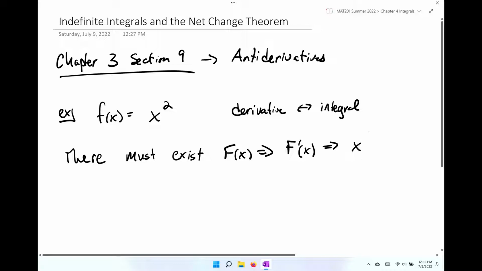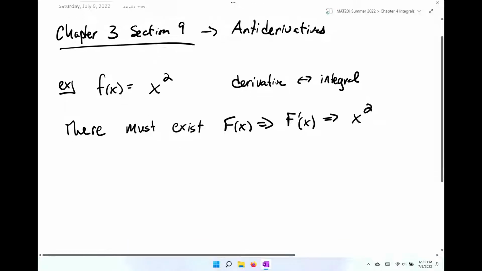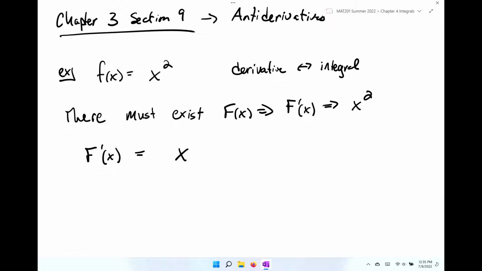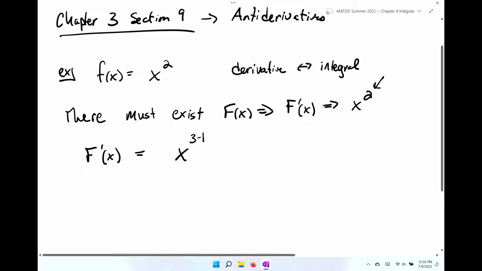Now, with a function this simple, I think we can use a little bit of intuition. When I take a derivative, the exponent comes down in front of the function, and then you subtract 1 from the exponent. So if our goal exponent is a 2, then the original exponent must have been a 3.